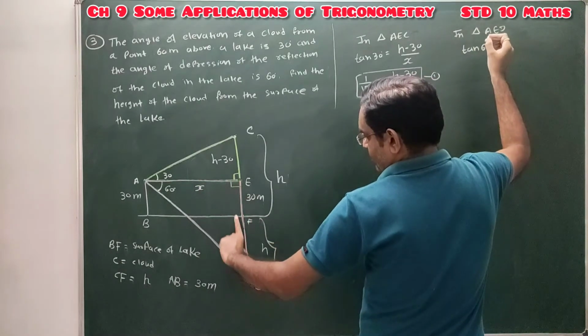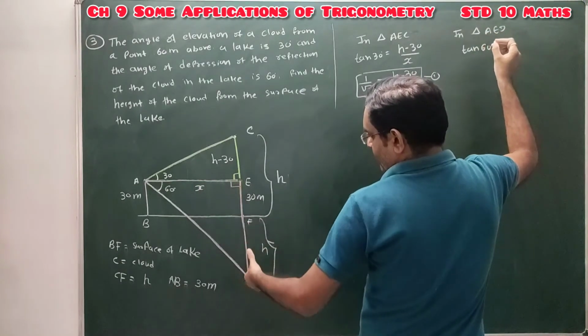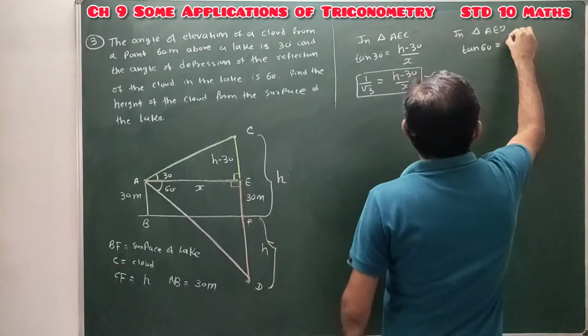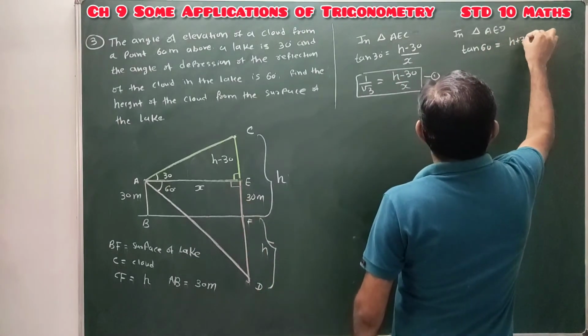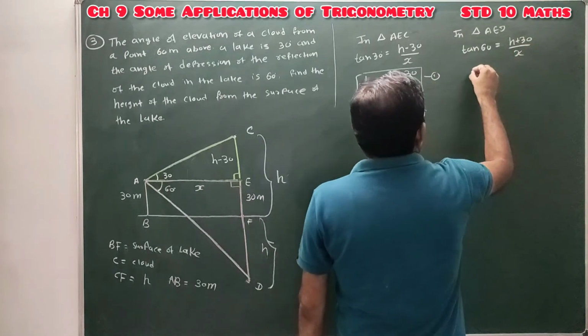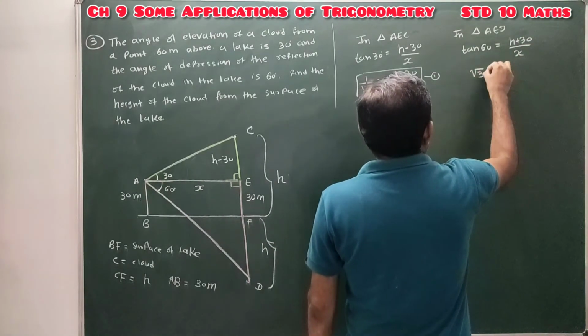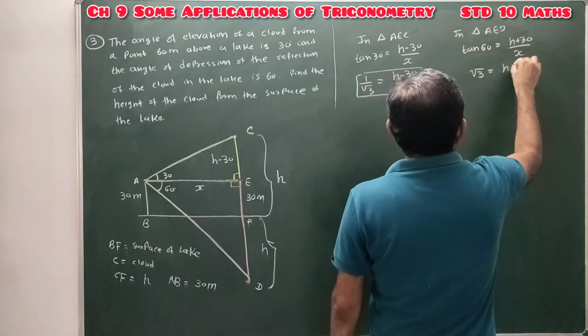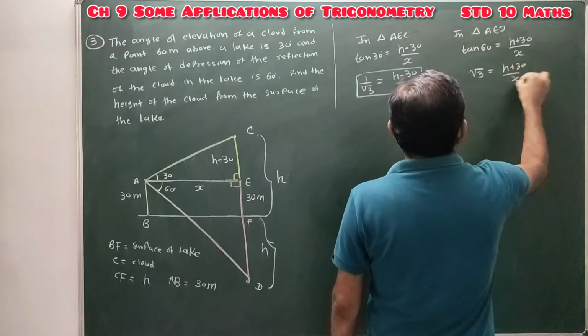Opposite side is DE, that is h plus 30 upon this one is x. Tan 60 is root 3, which is equal to h plus 30 by x.